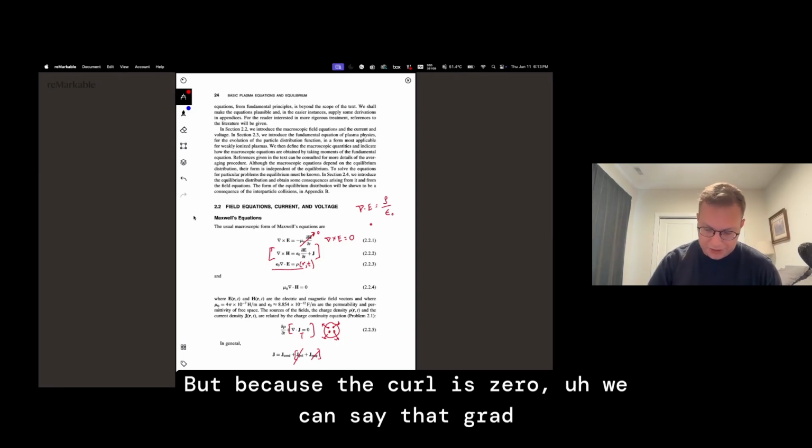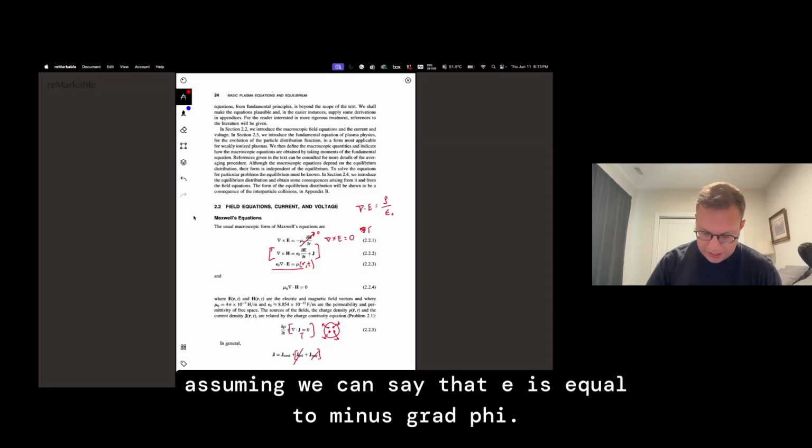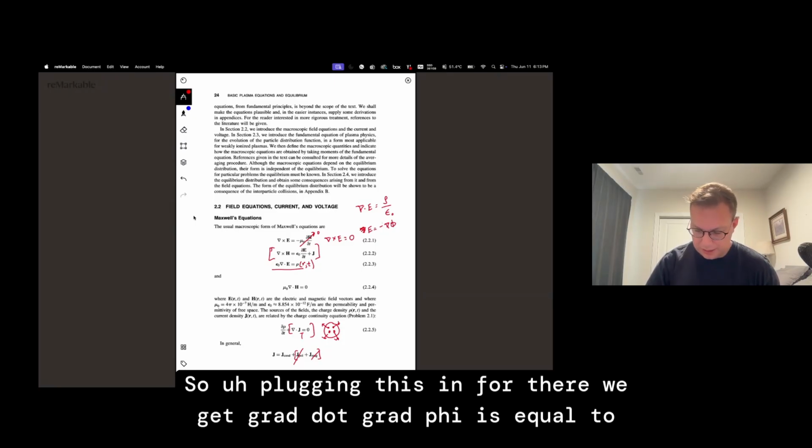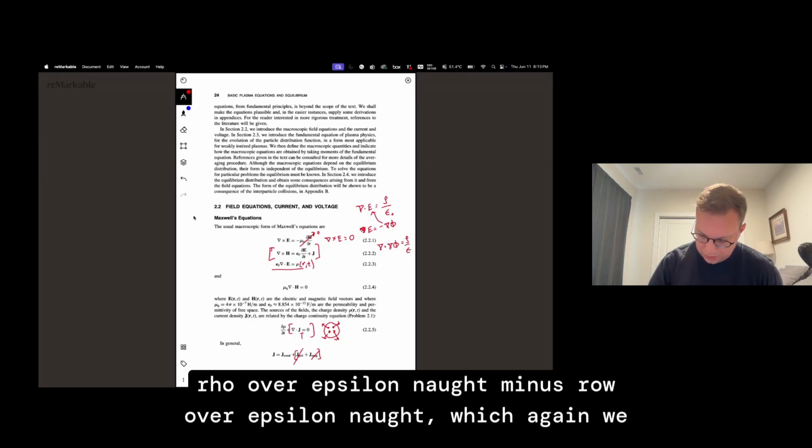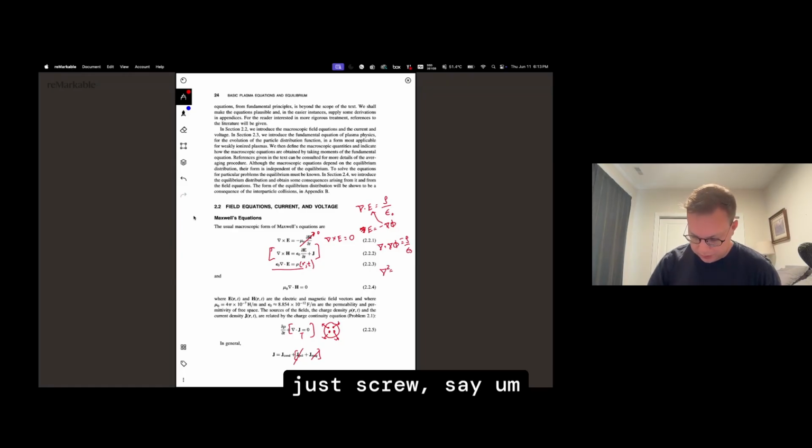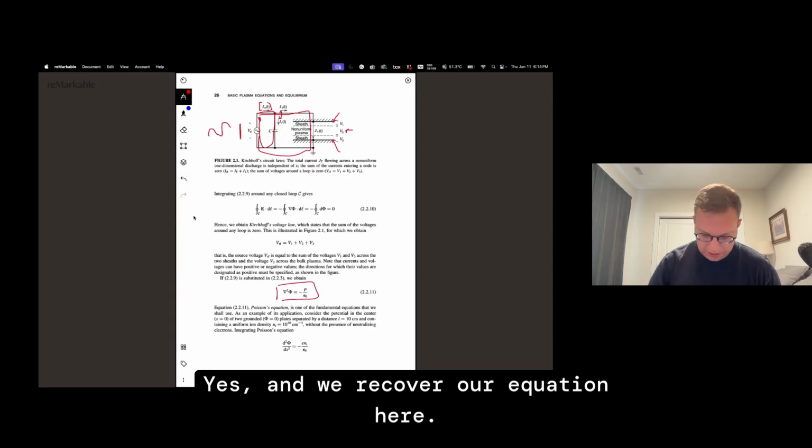But because the curl is 0, we can say that E is equal to minus grad phi. So plugging this in, we get grad squared phi is equal to minus rho over epsilon naught, and we recover our equation here.